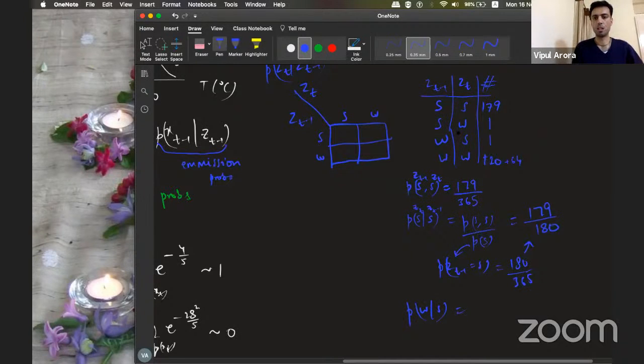This will be the probability of winter comma summer. Winter comma summer is, this is ZT, this is ZT minus 1. What is the probability of winter comma summer?